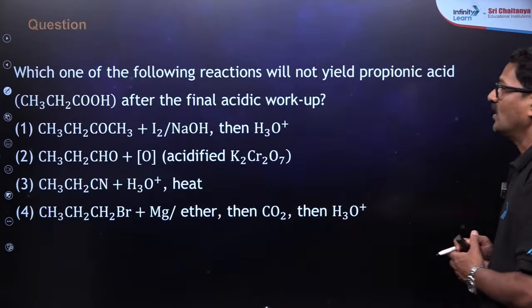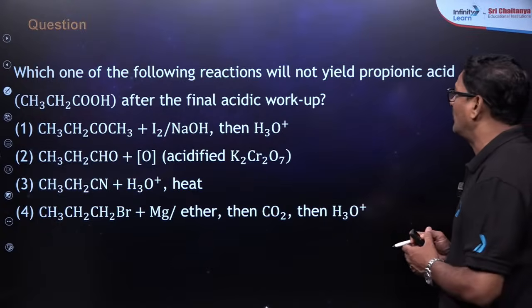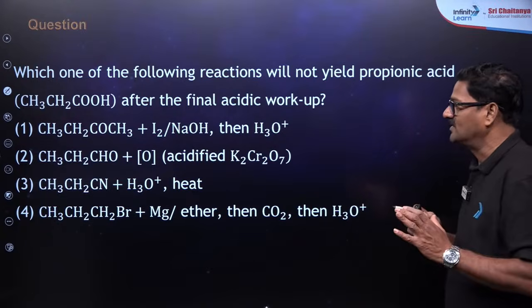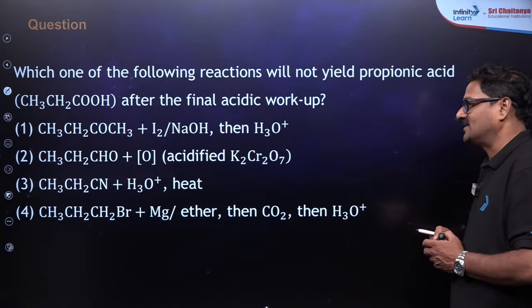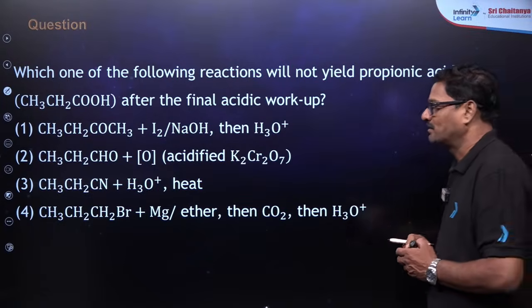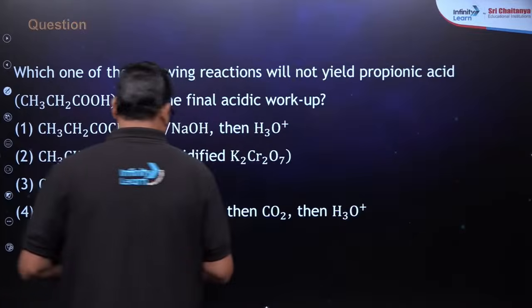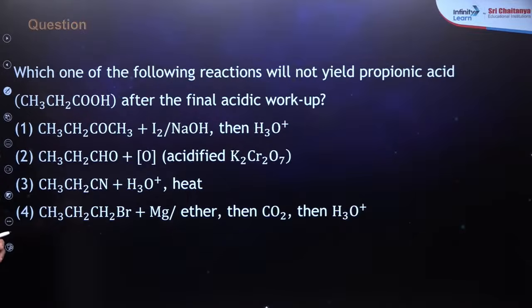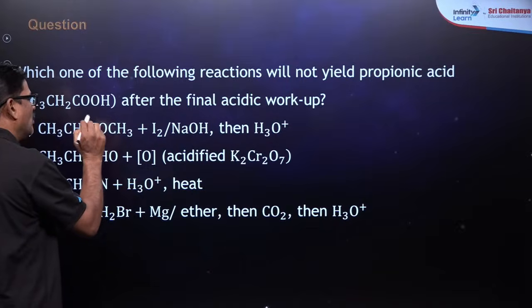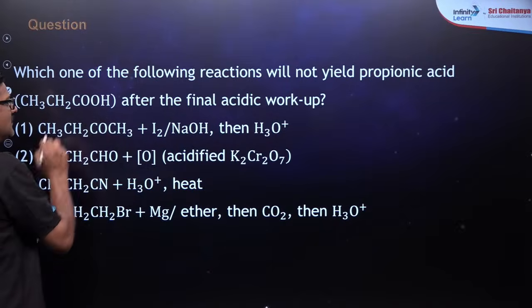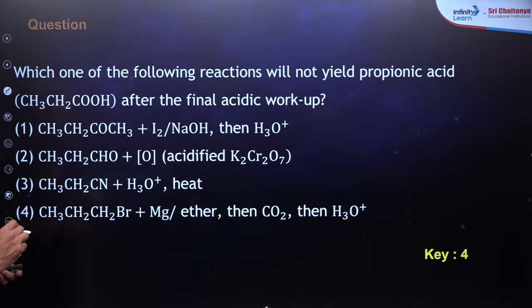One more question. Which one of the following will not yield propionic acid after the final acidic workup? If you see CH3, CH2, CO, CH3, it is a ketone, so this is the fourth option.